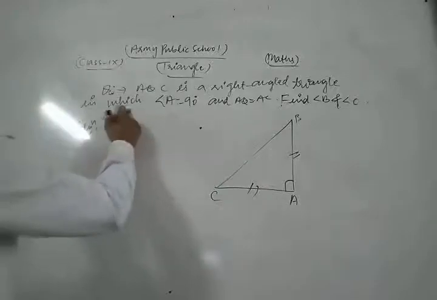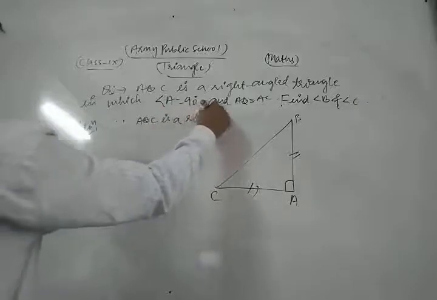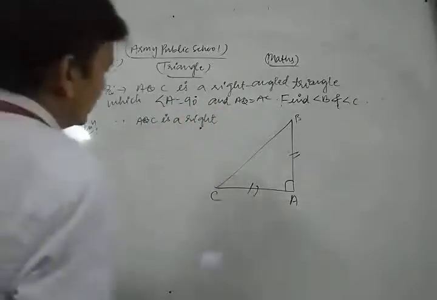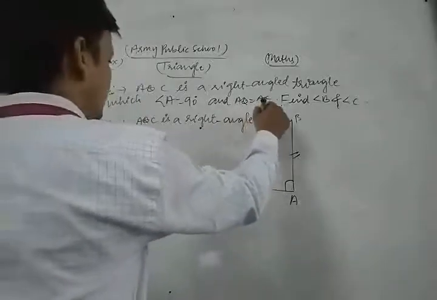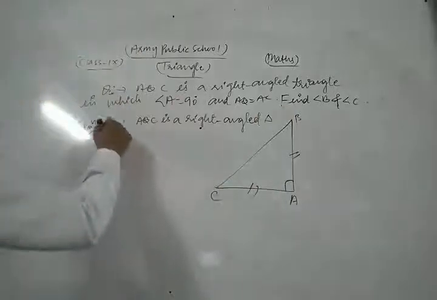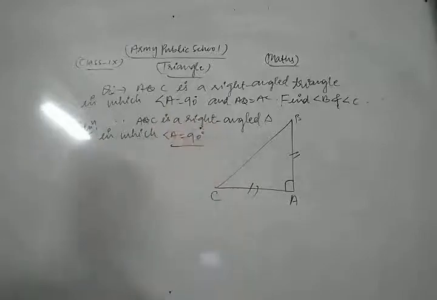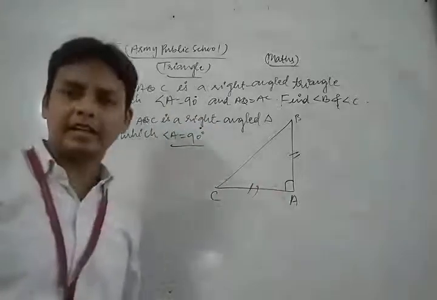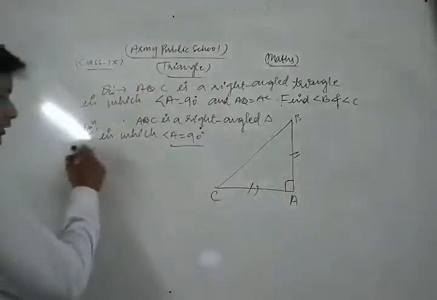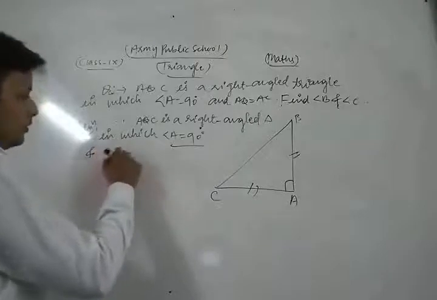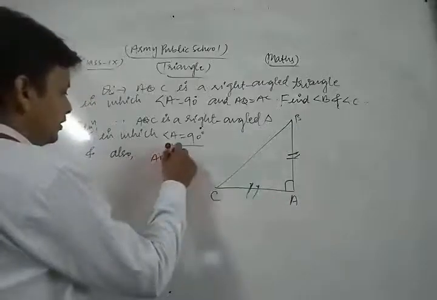Since ABC is a right angled triangle in which angle A is equal to 90 degrees, and also AB is equal to AC.